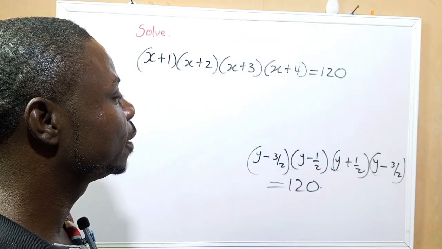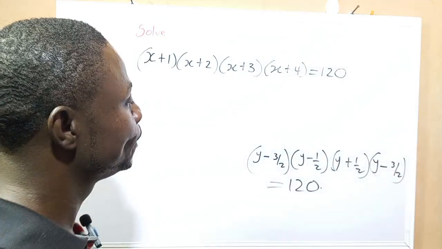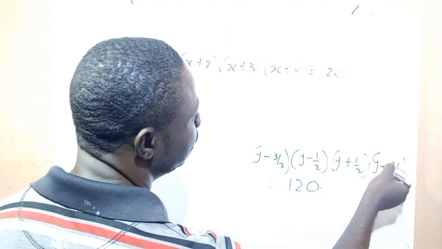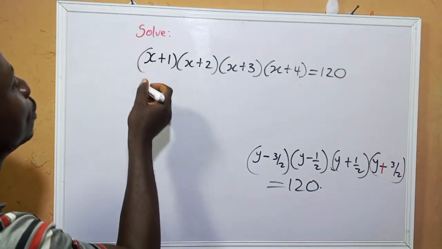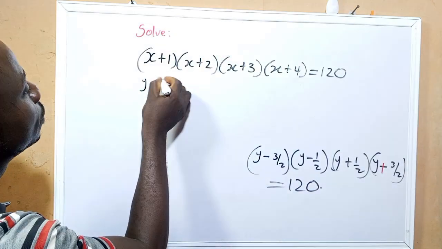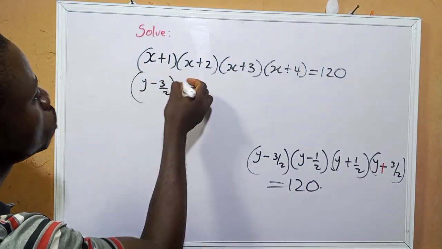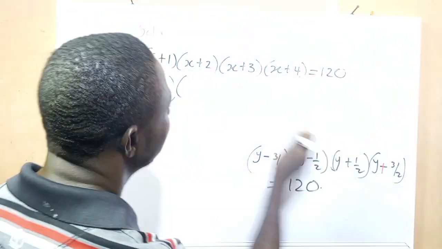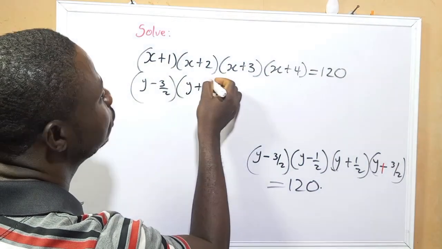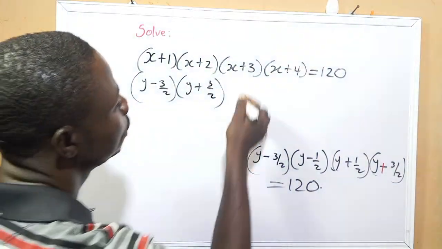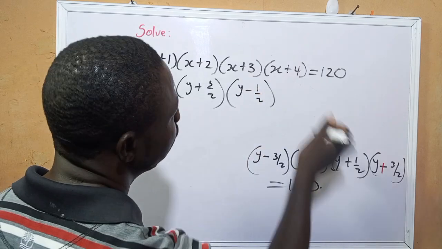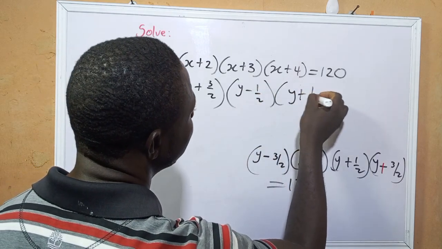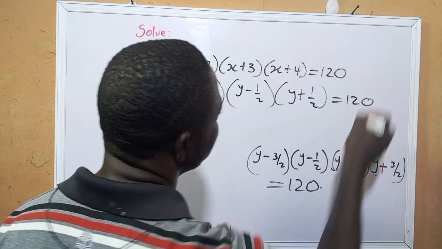Pair the symmetrical factors. Are you getting me? Now, don't forget that this one is plus. So we now have y minus 3 over 2 into bracket y plus 3 over 2, then followed by y minus 1 over 2, followed by y plus 1 over 2, is equal to 120.